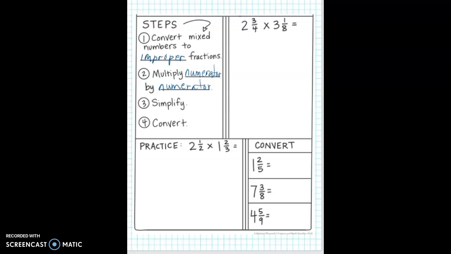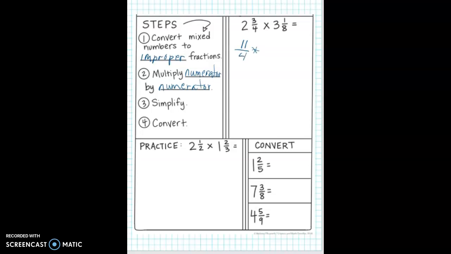Simplify, convert back into a mixed number. So step 1, changing these into improper fractions. I'm going to take my denominator of 4 times 2, which is 8, plus my 3 is an 11. So this gives me 11 as my numerator. The 4 of the denominator stays the same.